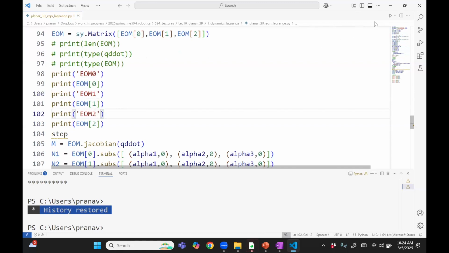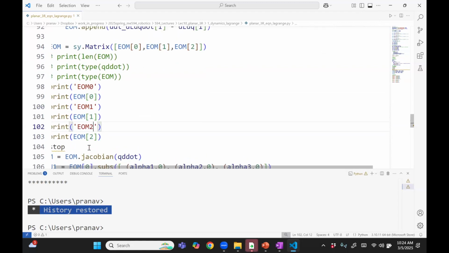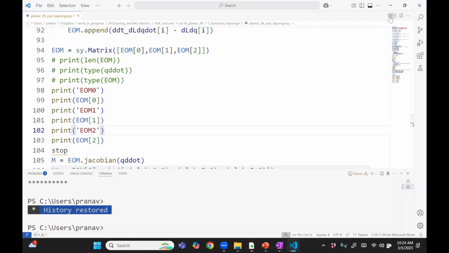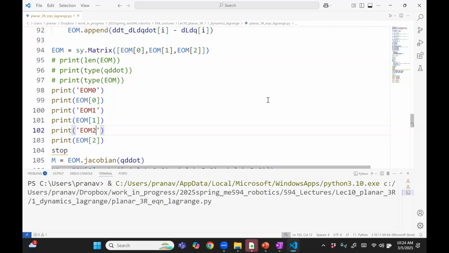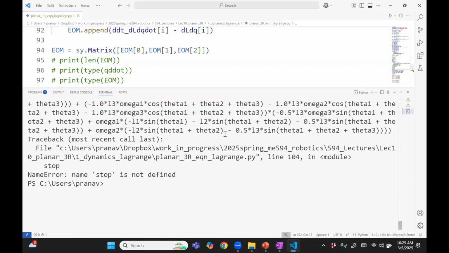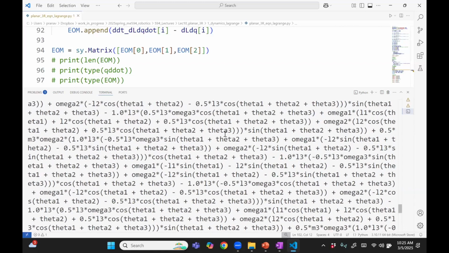Okay, let's run this. So it's going to quit. It's going to complain after it comes here, but that's not a problem. I just wanted to stop there. Okay, stop. So it's given an error, but that's intentional. Okay, so this is what the equations look like.